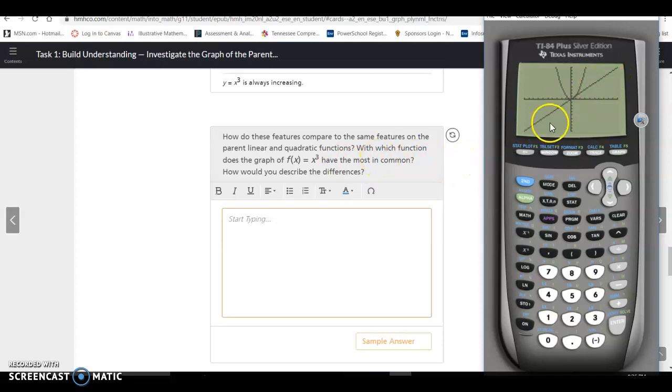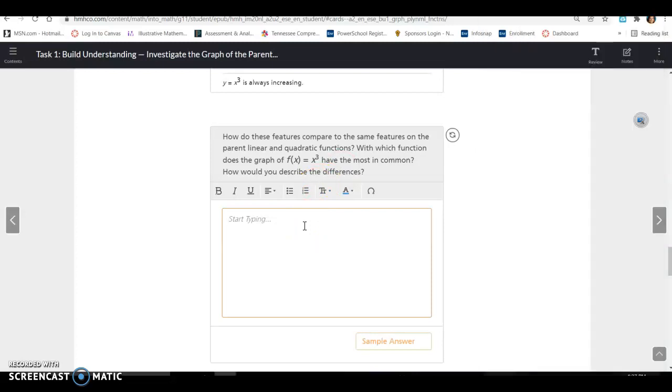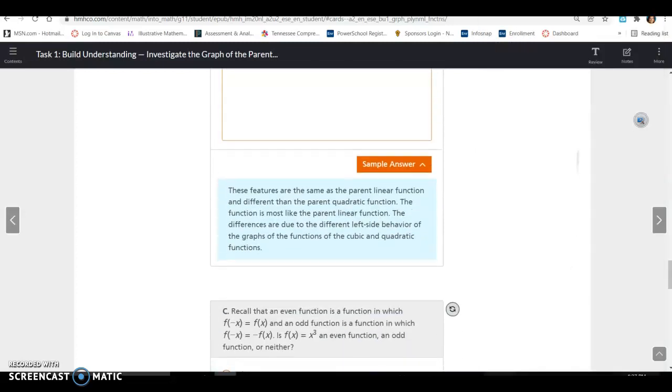The end behavior would be the same. And where it's positive would be 0 to infinity, and it's negative from negative infinity to 0. So it has the most in common with y equals x. And the differences, let's see what it gives us for sample answers here.